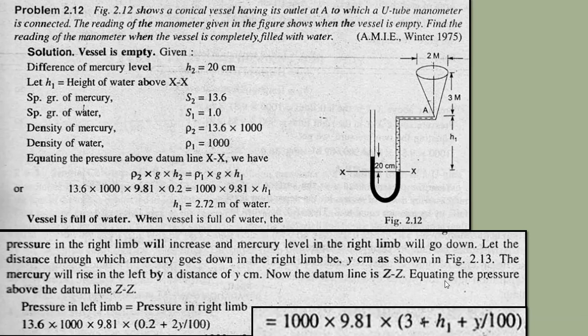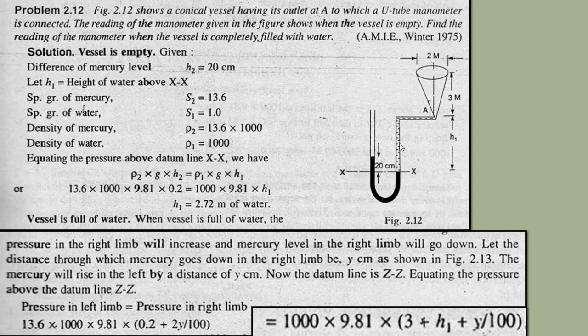So next, figure 2.12 shows a conical vessel having its outlet at A, to which a U-tube manometer is connected. The reading of the manometer shown in the figure is for when the vessel is empty. Find the reading of the manometer when the vessel is completely filled with water.